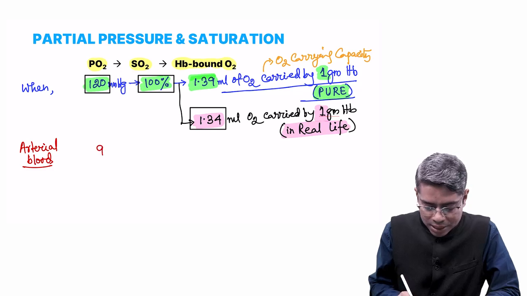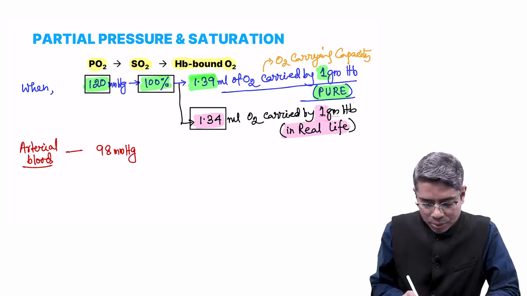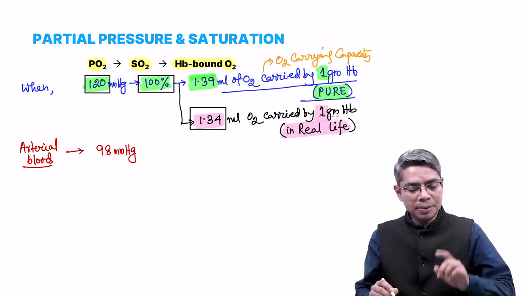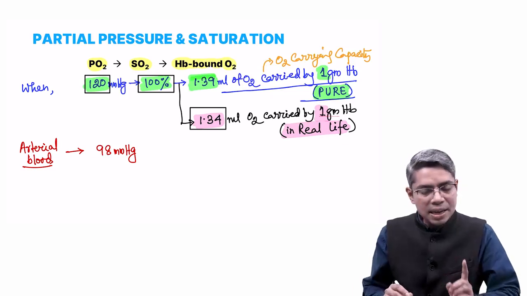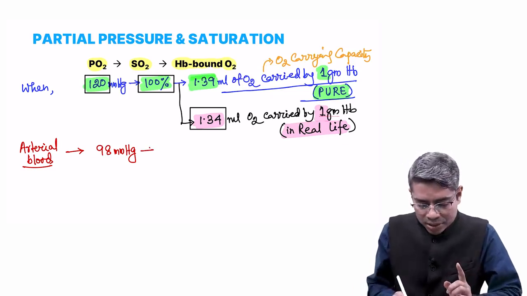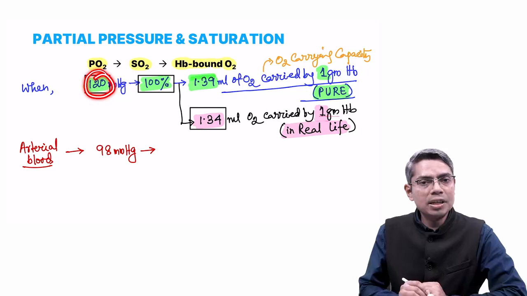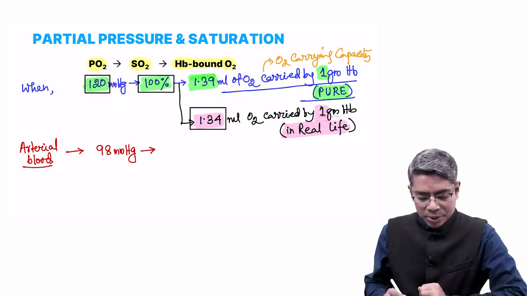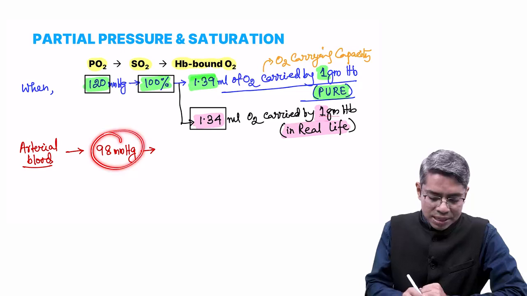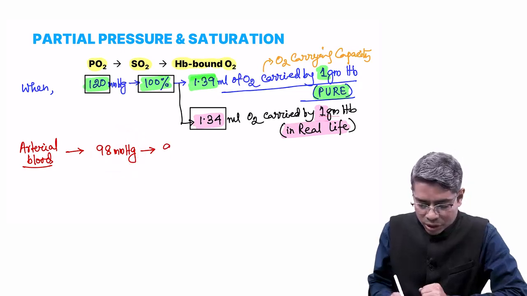Now if the partial pressure is 98 millimeter of mercury, obviously the saturation will be lesser than 100%, because for 100% saturation I require 120 millimeter of mercury partial pressure. So whenever the partial pressure is 98 millimeter of mercury, the saturation of the hemoglobin will be 97%.